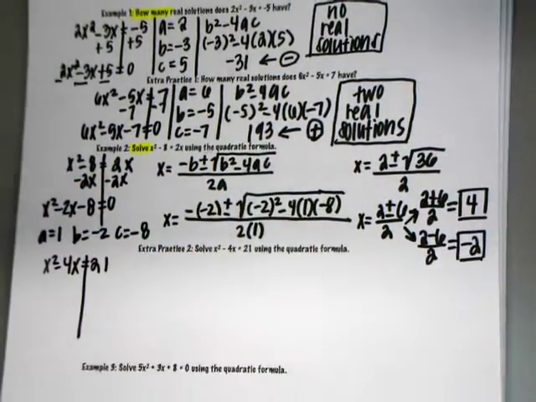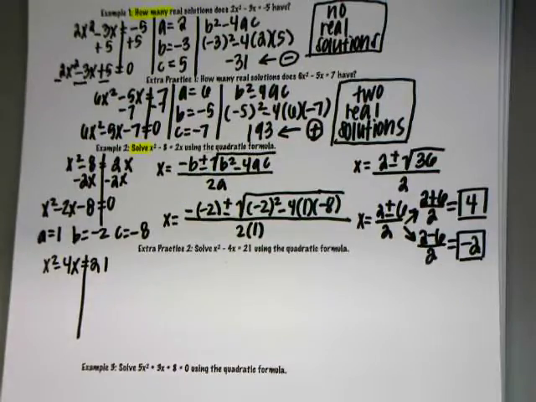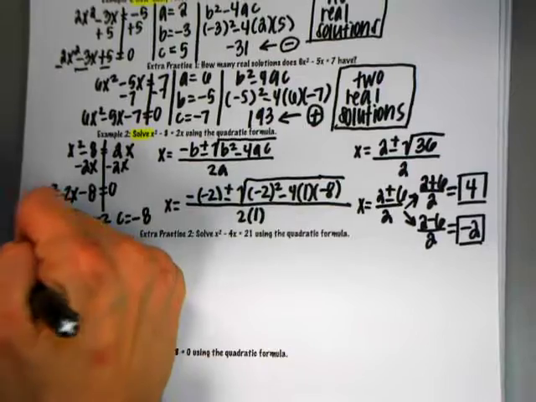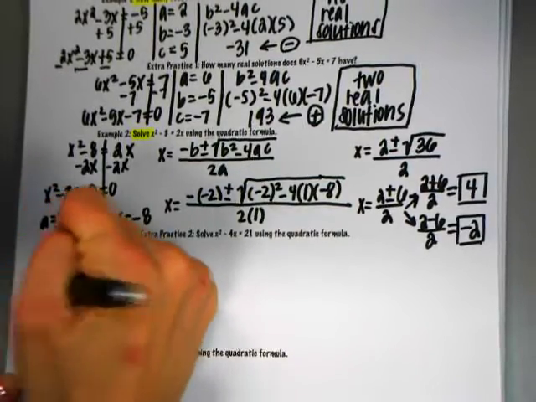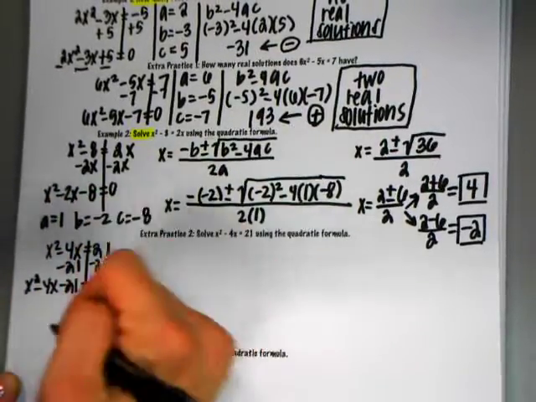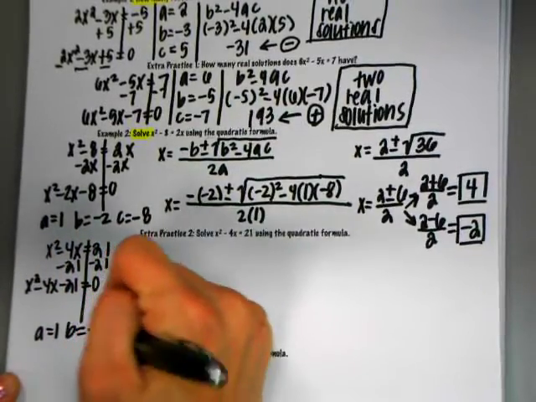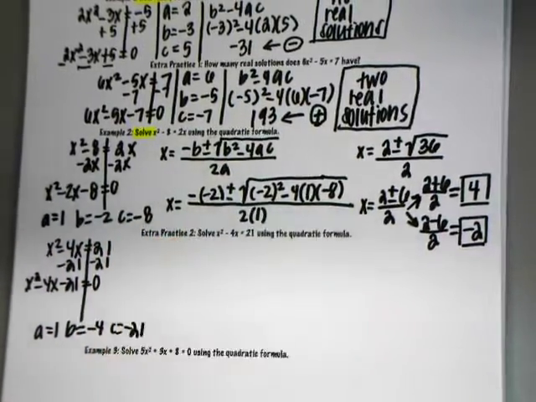How do you make it equal 0? Yep, subtract 21. So x squared minus 4x minus 21 equals 0. What does a equal? 1, b is negative 4, and c.